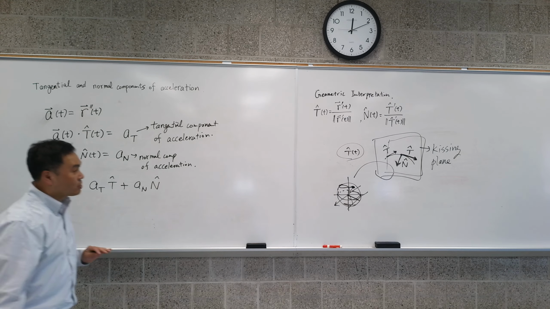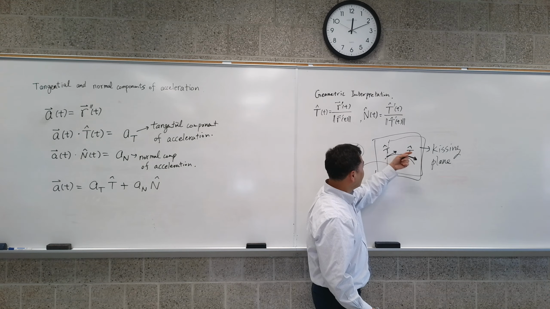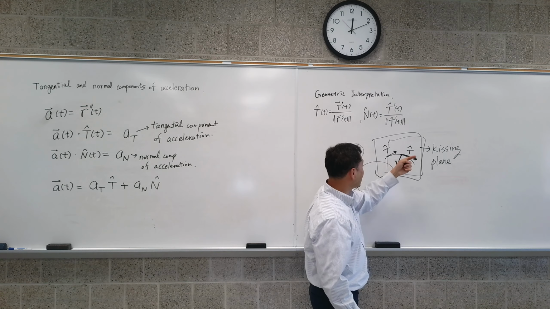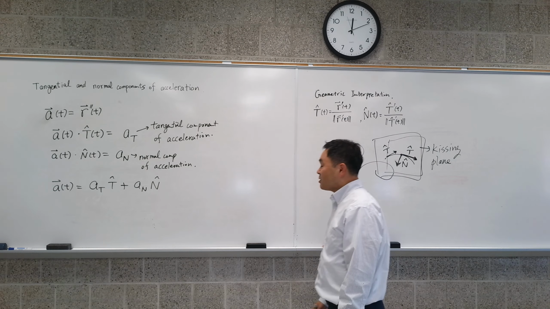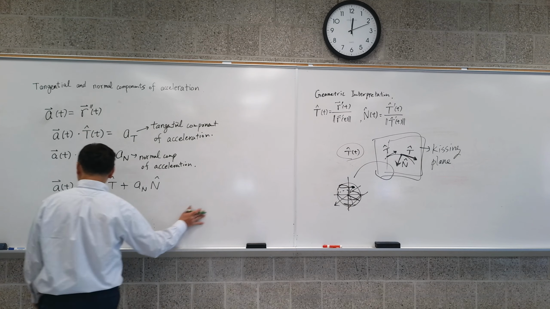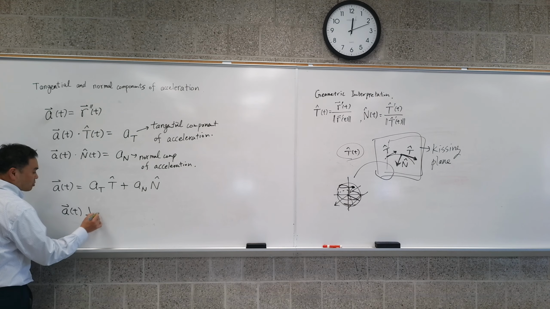So I talked about the Frenet frame. There's a vector that's perpendicular to both t and n, right? That vector is not going to pick up any component. So in other words, a would be perpendicular to that third vector.